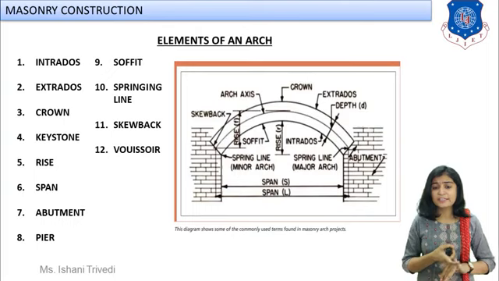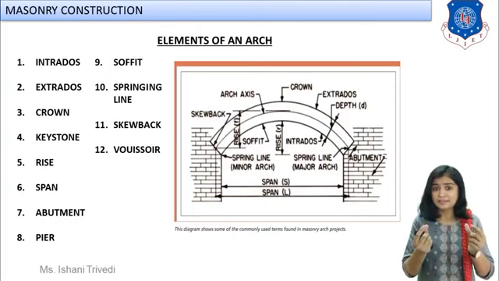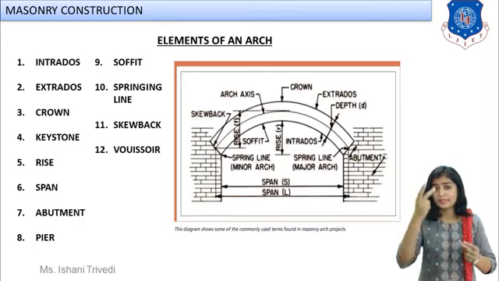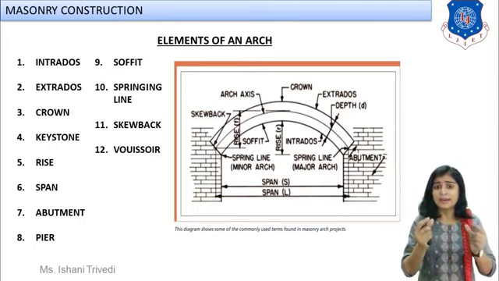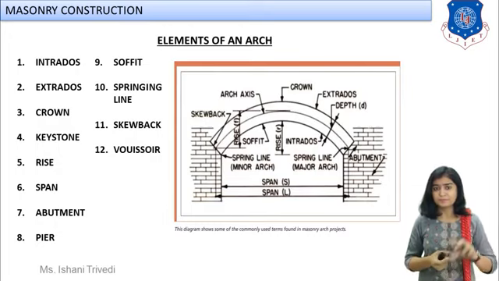Now let us discuss the keystone. I think keystones are not shown over here, but the last wedges, right, on both sides. On both sides, the last voussoirs which are resting on the support, you can call them keystones. Next we have rise and span.